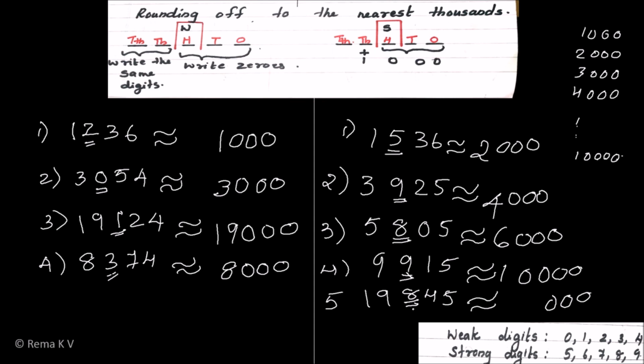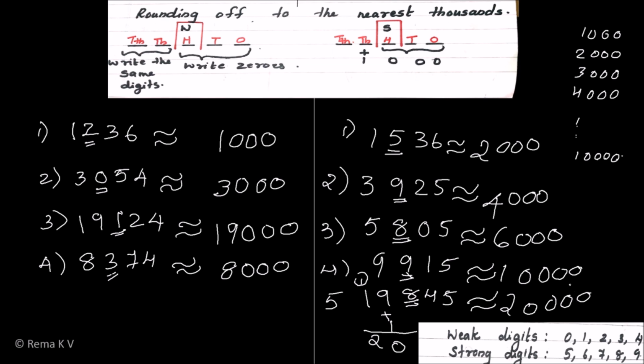It is a strong number, so add 1 to this. 9 plus 1 gives 10 and 1 can carry over here. It becomes 1 plus 1, 2. So this is equal to 20 here and it is rounded off to 20,000. See, 19,845 is rounded off to 20,000.